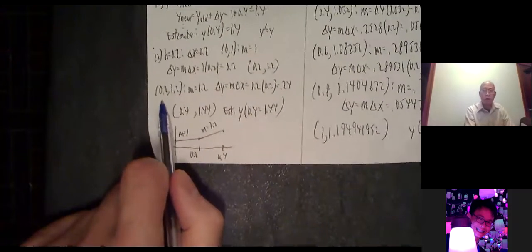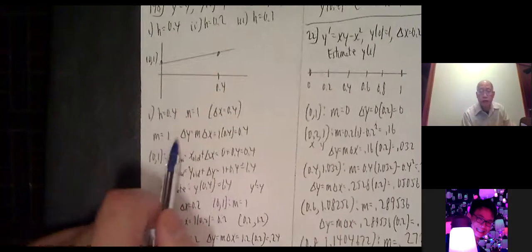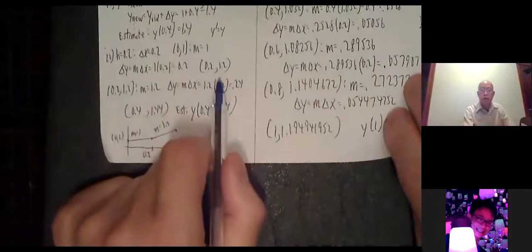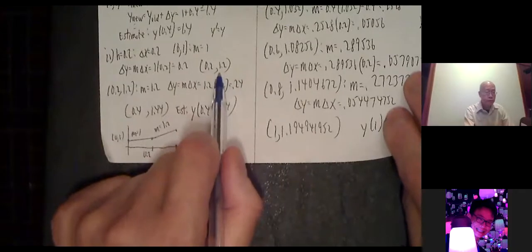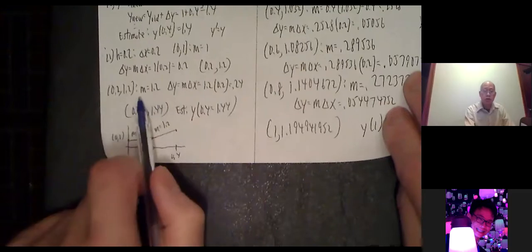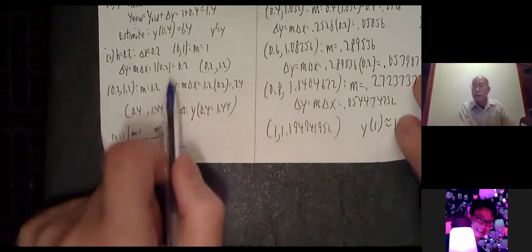Okay, so I get a new slope this time. What's the new slope? I plug into the differential equation. Y prime is still y, so the new slope is no longer 1, it's 1.2. So it's a little bit steeper. So my slope is 1.2. Then do it again.